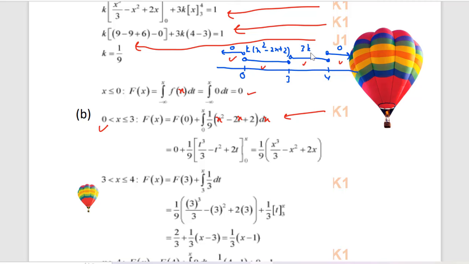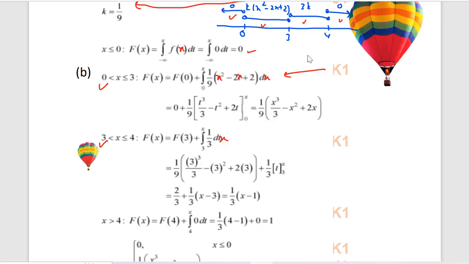Okay, then next, the next range is x in between 3 and 4. So, to find fx we will get F3, plus integrate from 3 to x. Our function is 3 times 1 over 9, so we get 1 over 3 here. Integrate with respect to x. Okay, how do we get F3? For F3 we put x equals to 3 into the previous function. From here you solve it, put in the value. So, you have to integrate, and then substitute the values 3 to x.